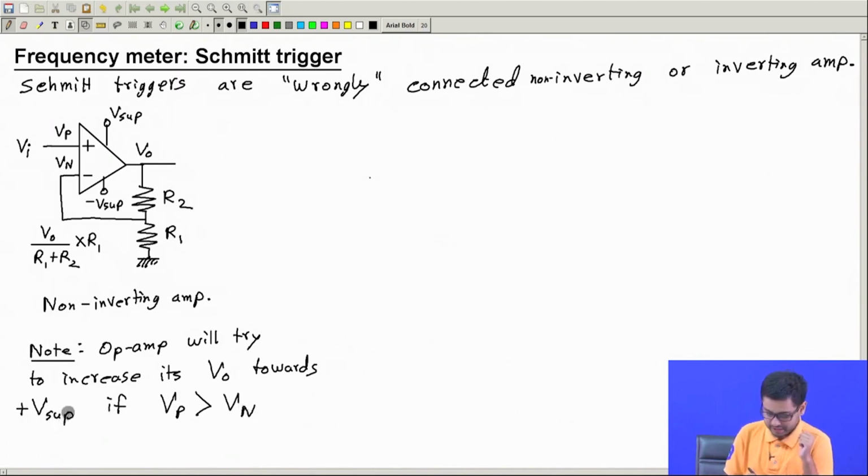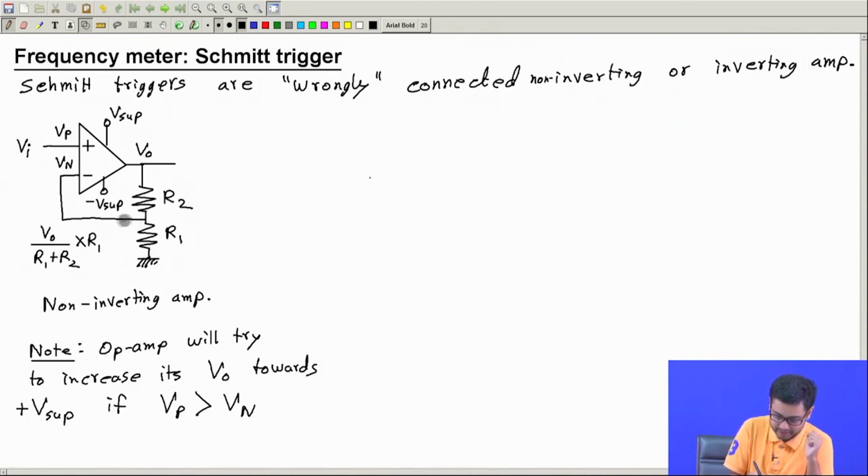So what happens if you give say a positive voltage here, okay, which is higher than say Vn, whatever the value of Vn is at this moment. If you give a voltage here which is higher than the current value of Vn, then it will increase its output towards the V supply, and if this is increasing, then of course this voltage will also increase, because this voltage is nothing but VO multiplied by some constant.